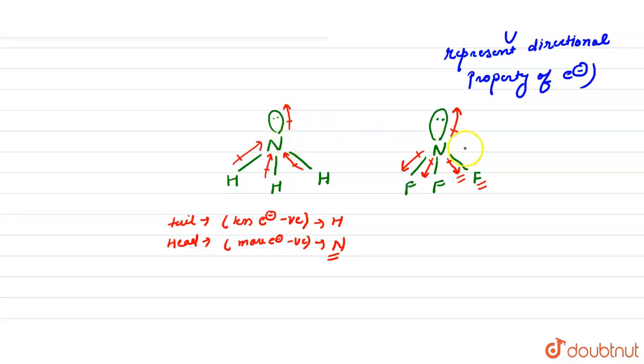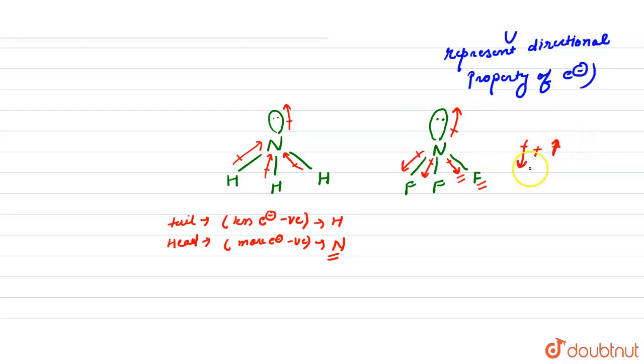But in the case of NF3, the resultant of the three N-F bond moments and the moment due to the lone pair of electrons act in the opposite direction. The three nitrogen-fluorine bonds have moments in this direction, and the moment of the lone pair acts in this direction.